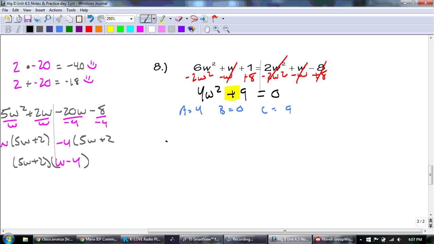Okay, so we get x equals the opposite of b, well it's 0, plus or minus the square root of 0 squared minus 4ac, okay, so we'll start filling that in, all divided by 2a.